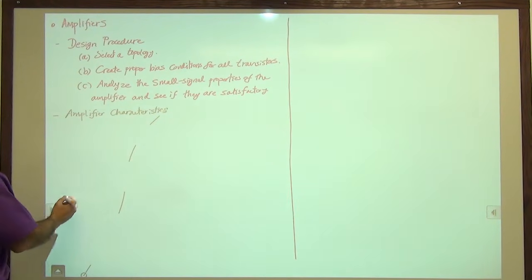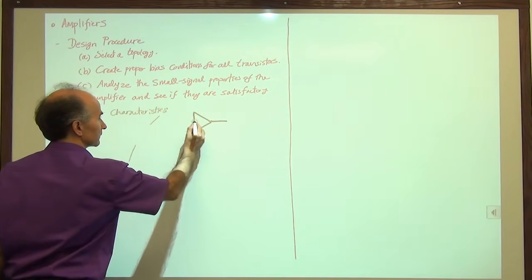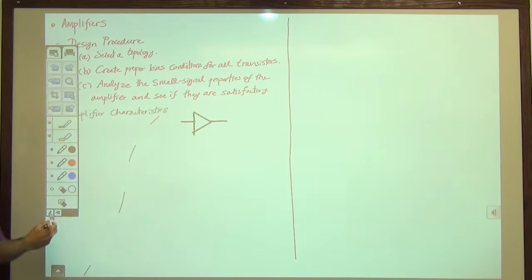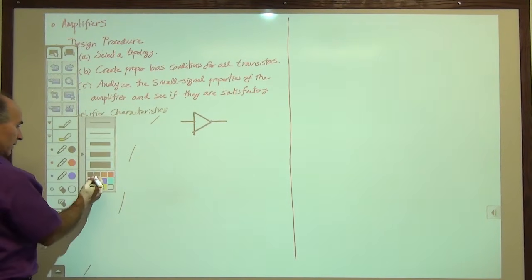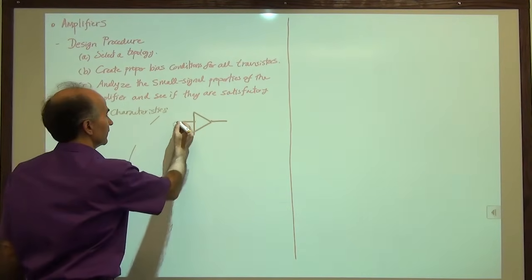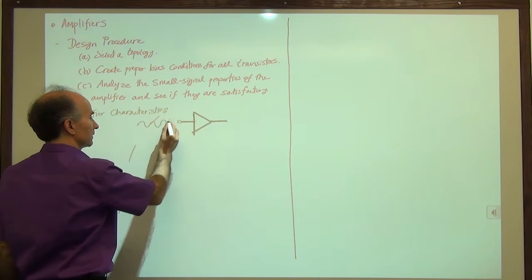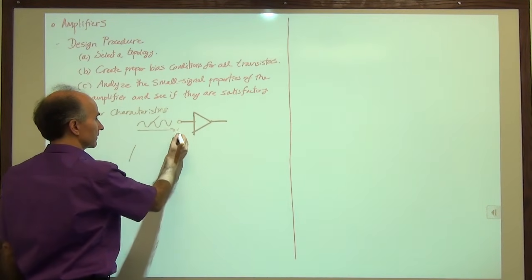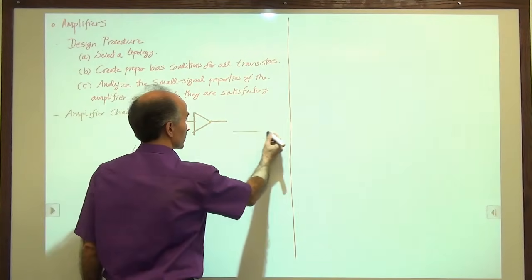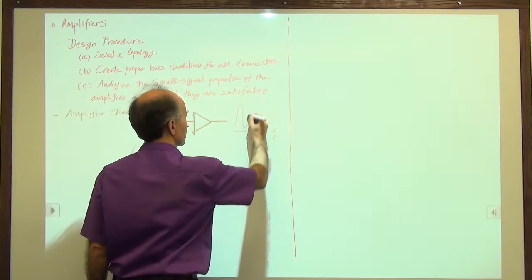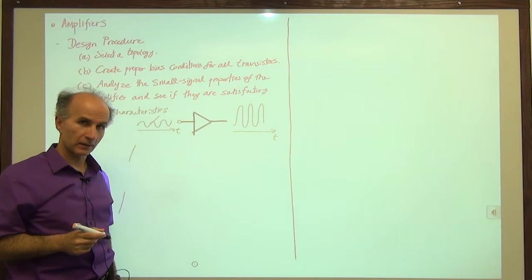Here's an amplifier, and this amplifier receives a signal as a function of time, and what we are hoping is that it will give us a bigger signal swing. So it will give us larger swings.